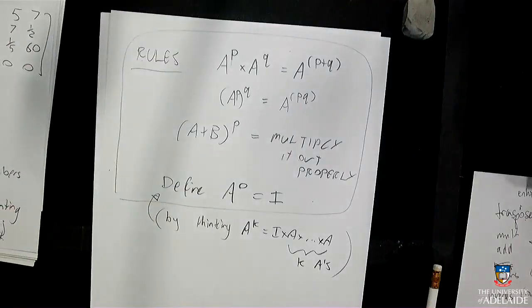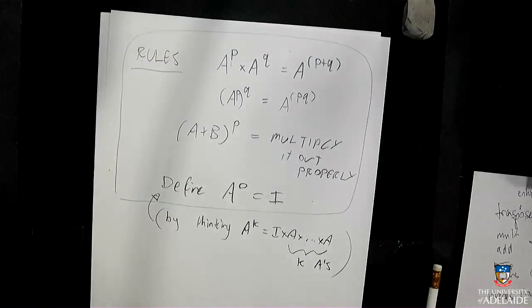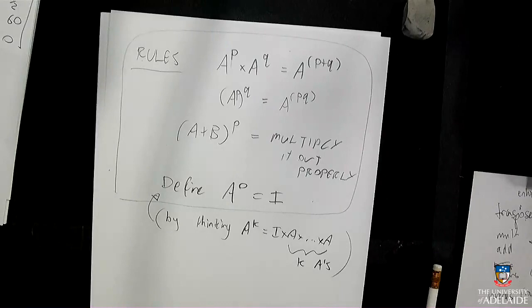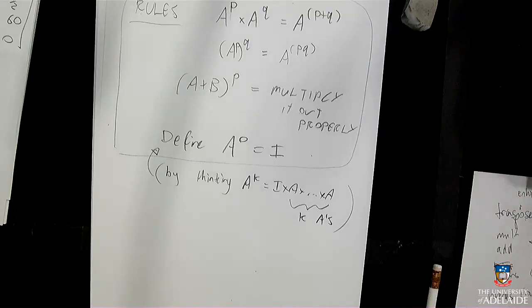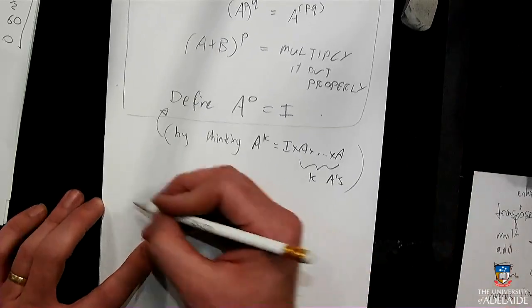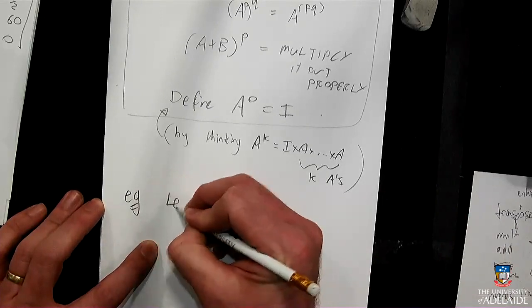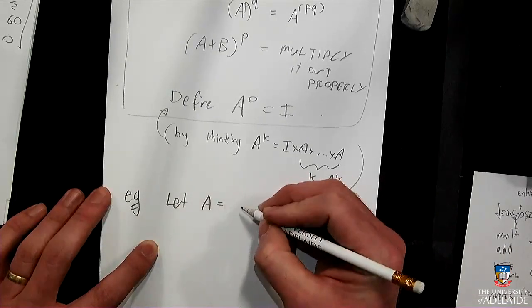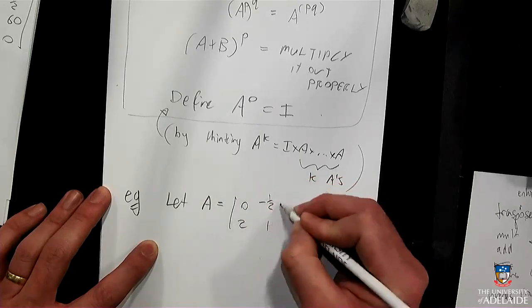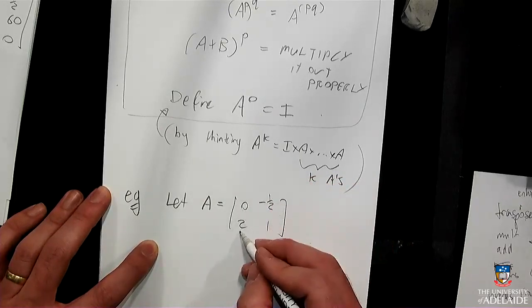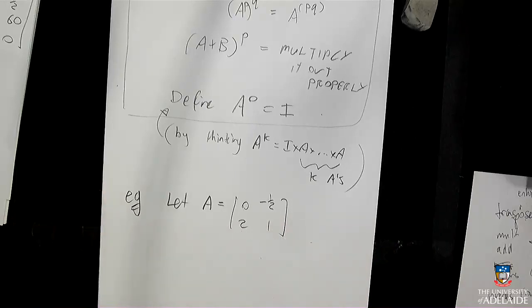So now I really need to do an example of using these rules in practice. So I'm going to do a neat little example of actually doing a bit of a proof, a little bit of an argument that you need to write down to explain why things work. And so I'm going to actually do it. Let's see. Let A be equal to this matrix. So it's 0 and minus a half and 2 and 1. It's a 2 by 2 matrix.